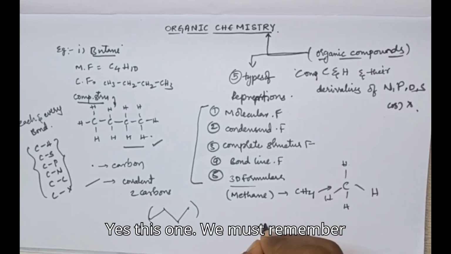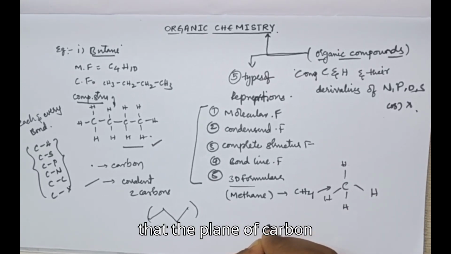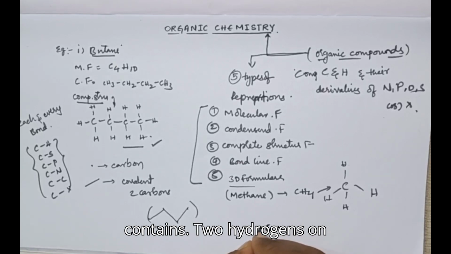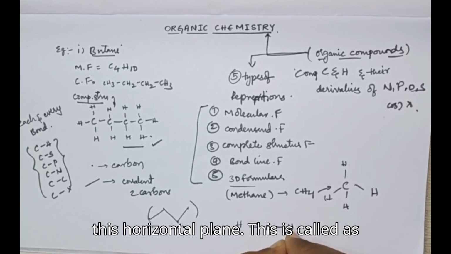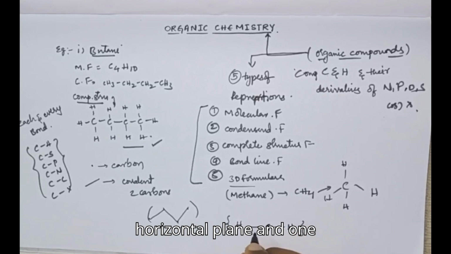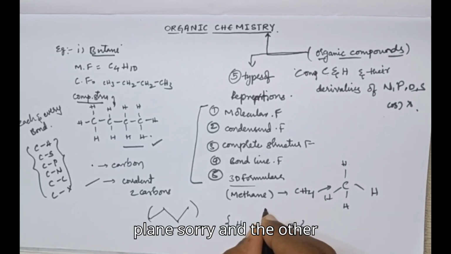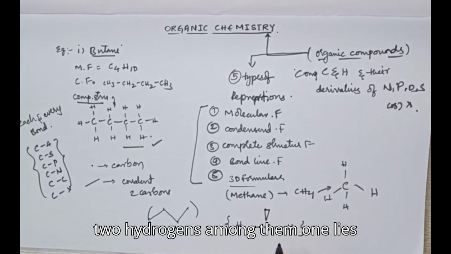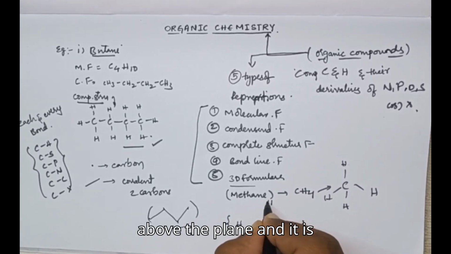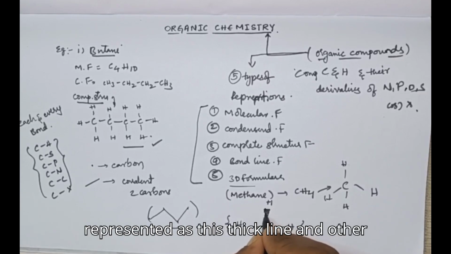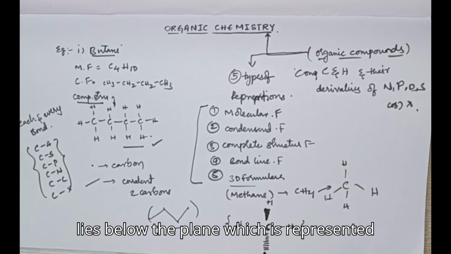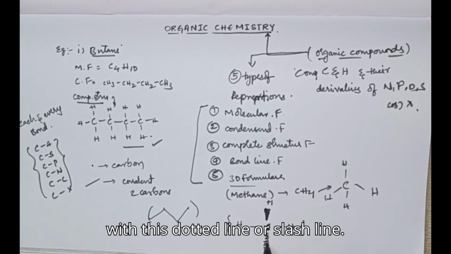We must remember that the plane of carbon contains 2 hydrogens on this horizontal plane. One of the other 2 hydrogens lies above the plane and is represented with this thick line, and the other lies below the plane, which is represented with this dotted line or slash line.